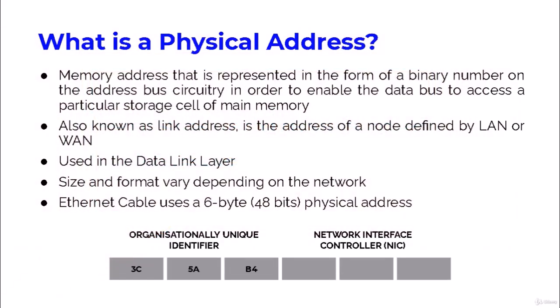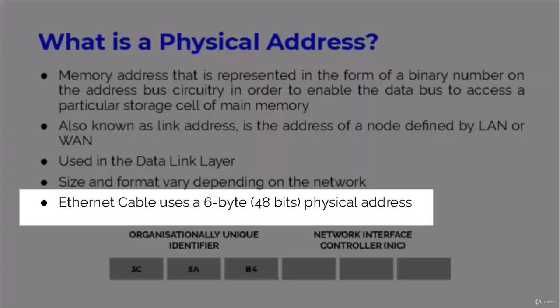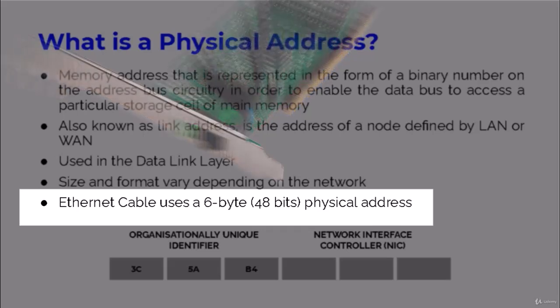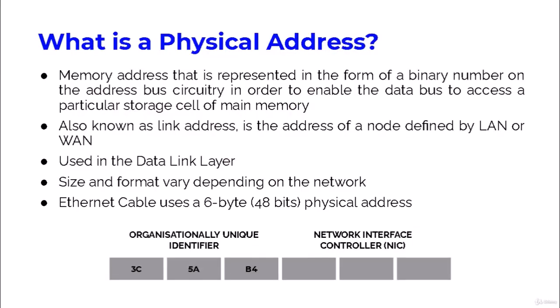The size and format of these addresses vary depending upon the network. For example, Ethernet uses a 6 byte, which is equivalent to 48 bits, physical address that is imprinted on the network interface card, that is NIC. LocalTalk, that is Apple, however, has only a 1 byte dynamic address that changes each time the station comes up.